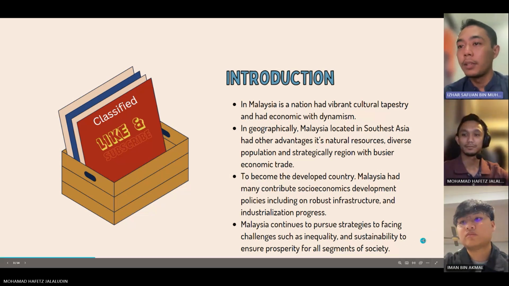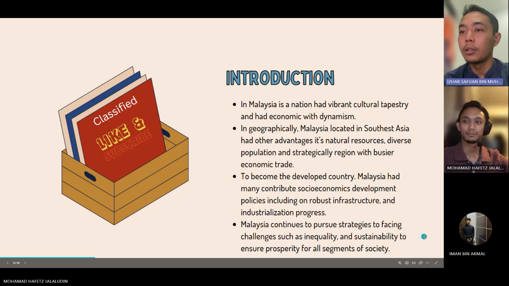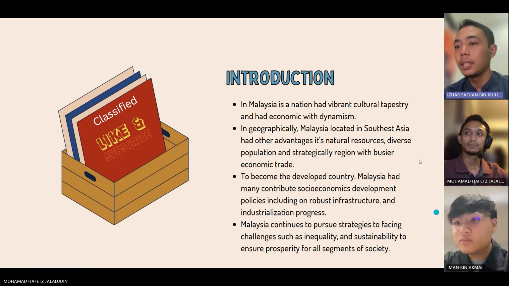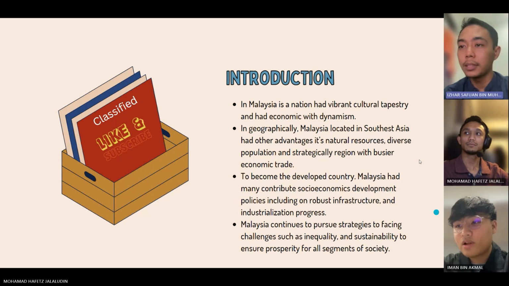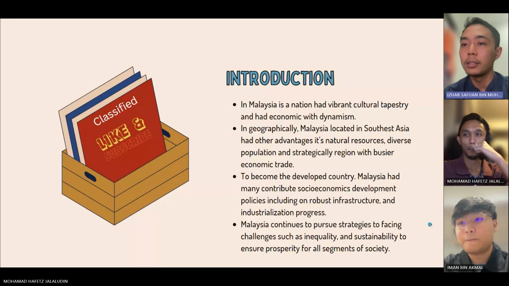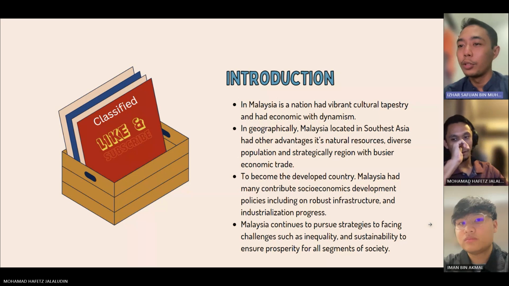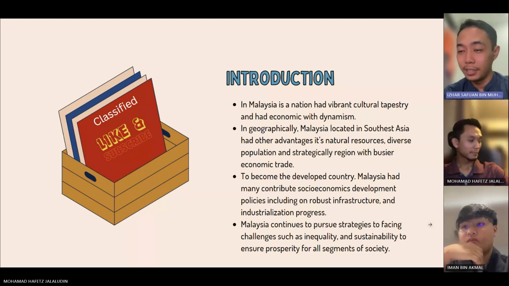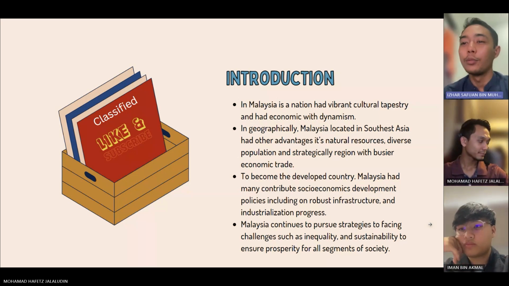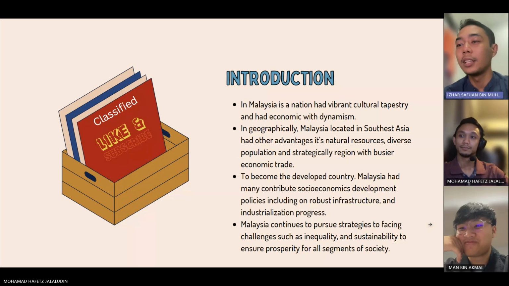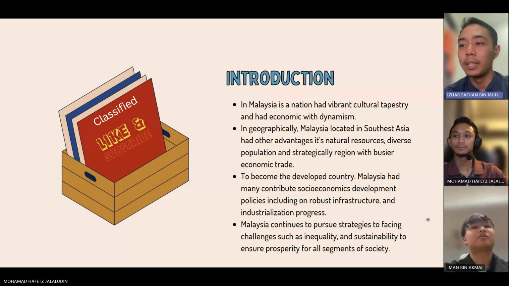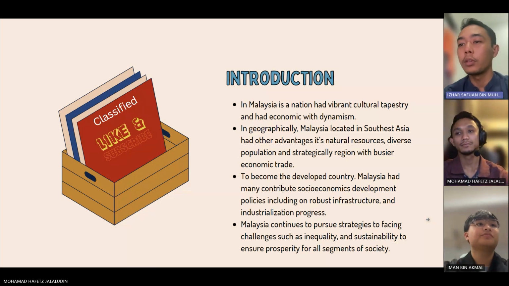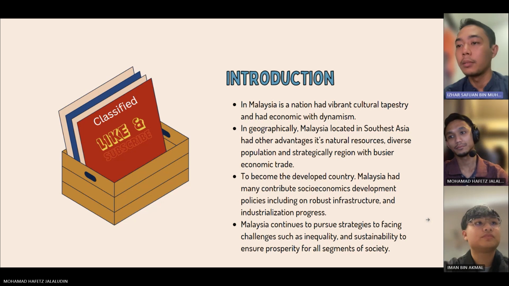To become a developed country, Malaysia has many socio-economic development policies, including robust infrastructure and industrialization progress. Malaysia continues to pursue strategies to face challenges such as inequality and sustainability to ensure prosperity for all segments of society.